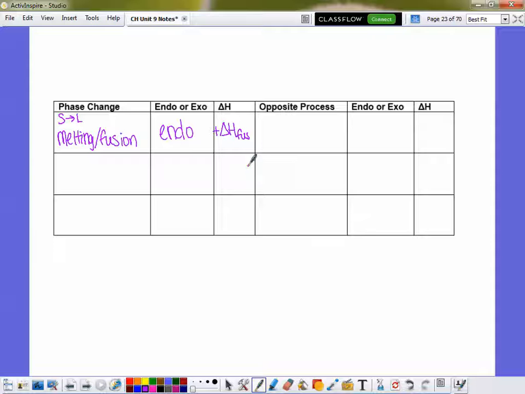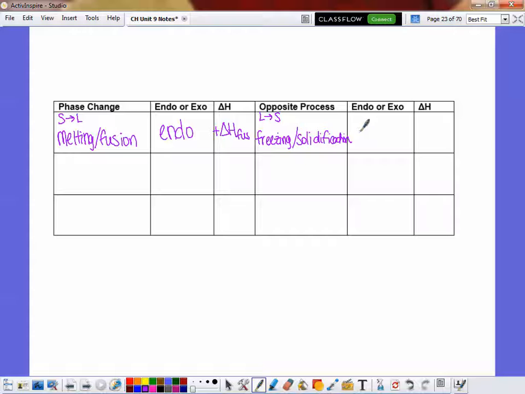The opposite process, going from liquid to solid, is called what? Freezing. Which is also sometimes called solidification. In order to freeze a substance, do you have to put energy in or take it out? Take it out. Hence why you put water in a freezer to freeze it, because that will remove heat from the water versus putting it in the microwave.